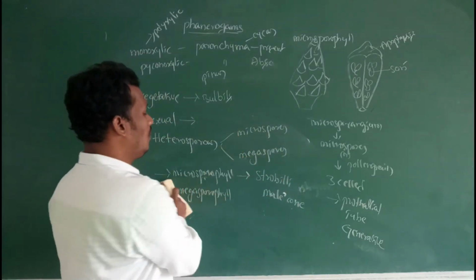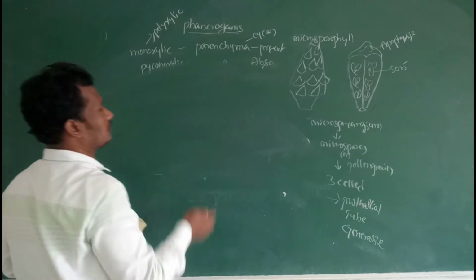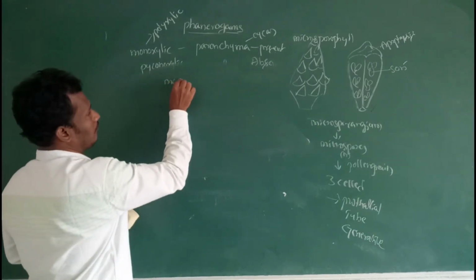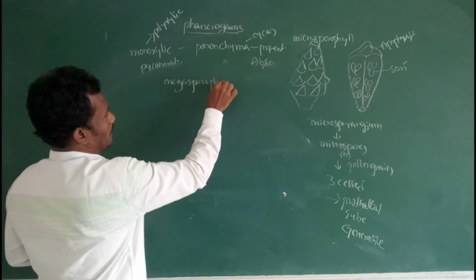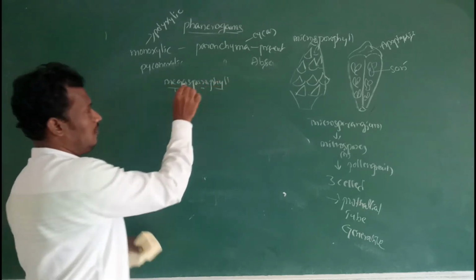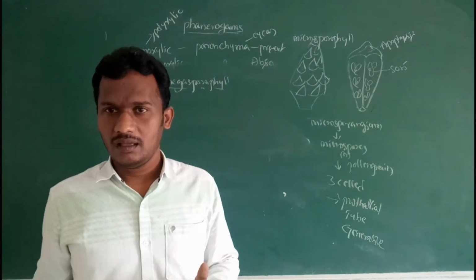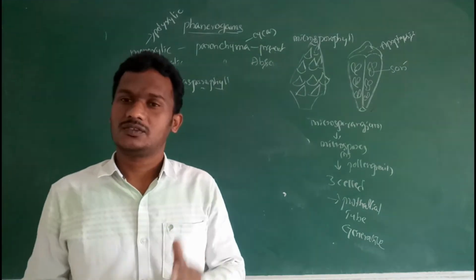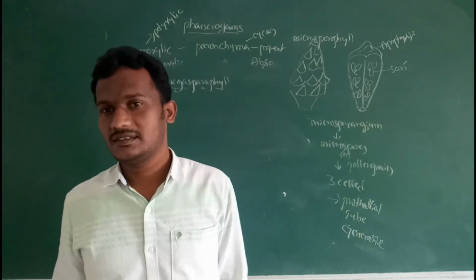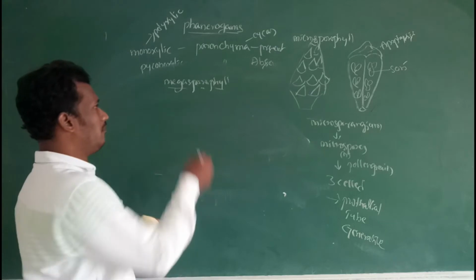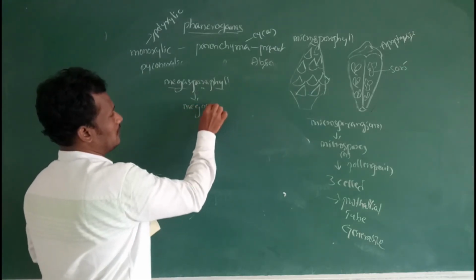Next, coming to the megasporophyll. Megasporophyll is the female sex organ, so the female cone or female strobilus, except in cycas plants. In the megasporophyll, the megasporangium is present.